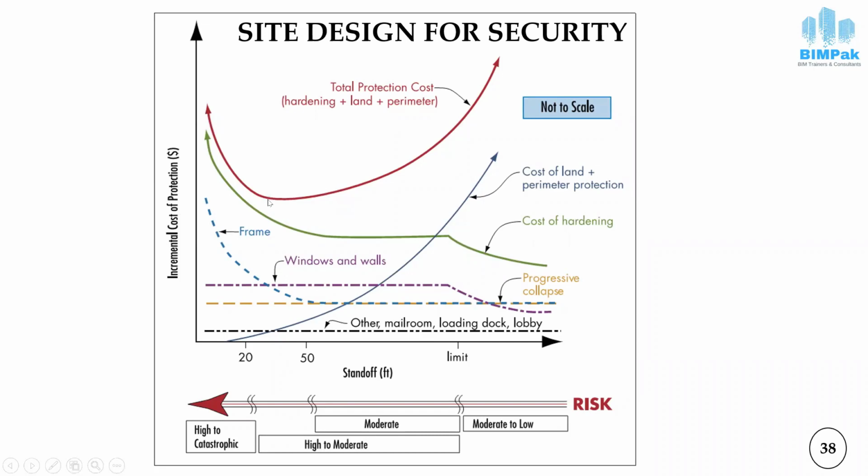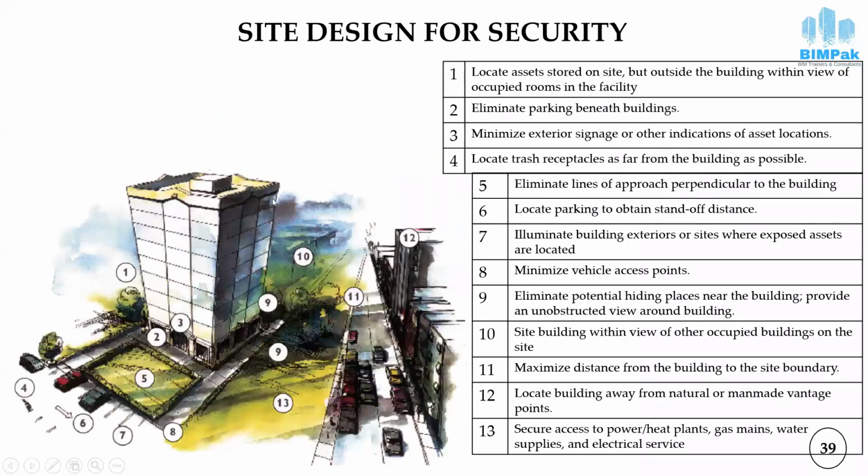And when you reduce the standoff distance below this point, the cost of security increases again. So the objective of security design is to find this optimum point at which we have the minimum possible cost of protection. This is the whole summary of security designing and planning.